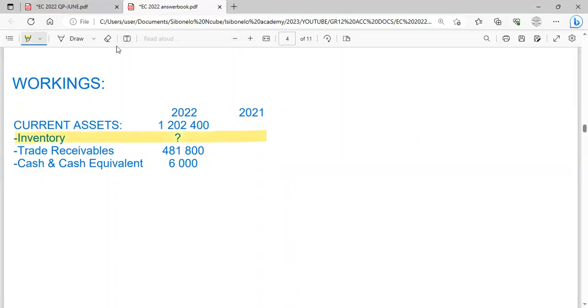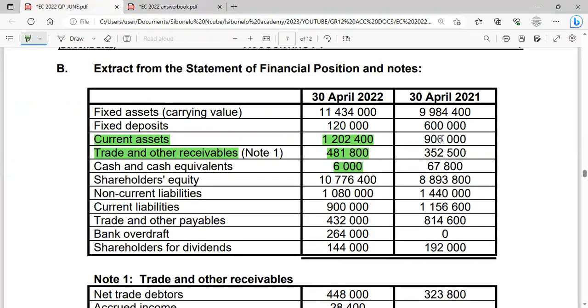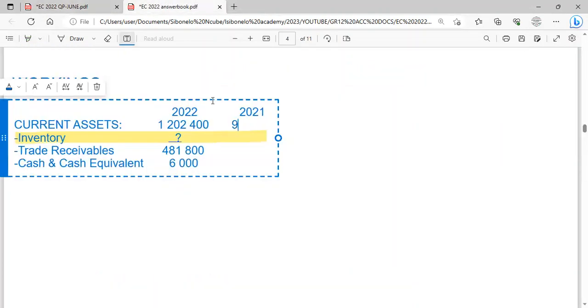Then we're going to do the same for 2021. The current assets for 2021 is 906,000. We do not know the inventory.